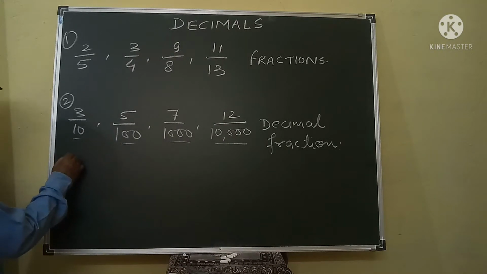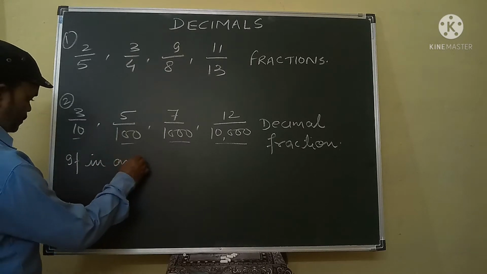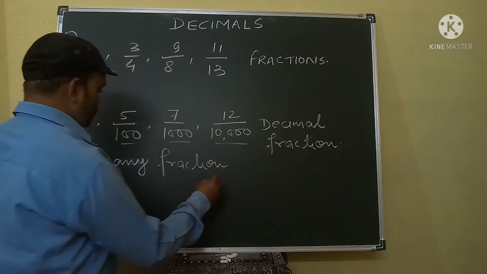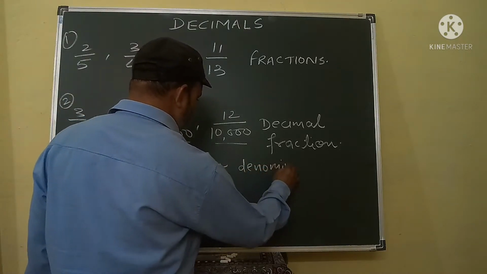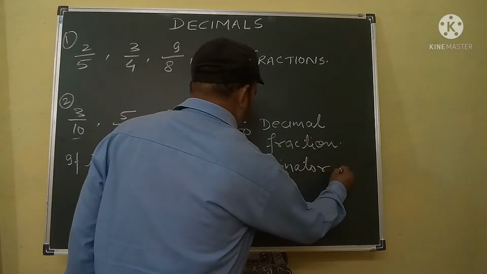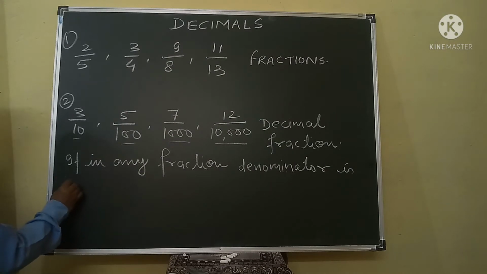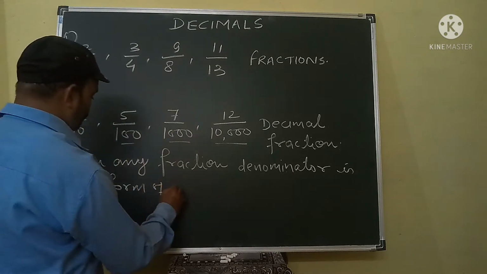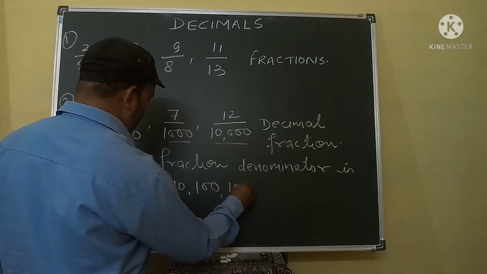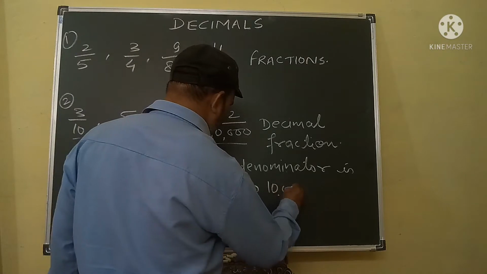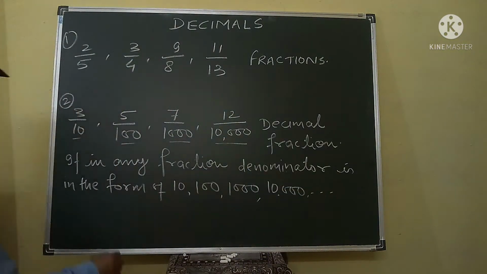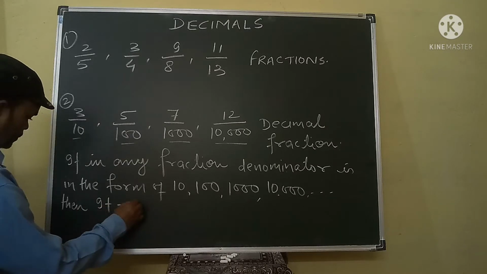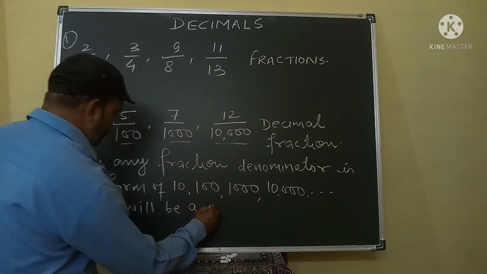That means if in any fraction the denominator is in the form of 10, 100, 1000, 10,000 and so on, then it will be a decimal fraction.